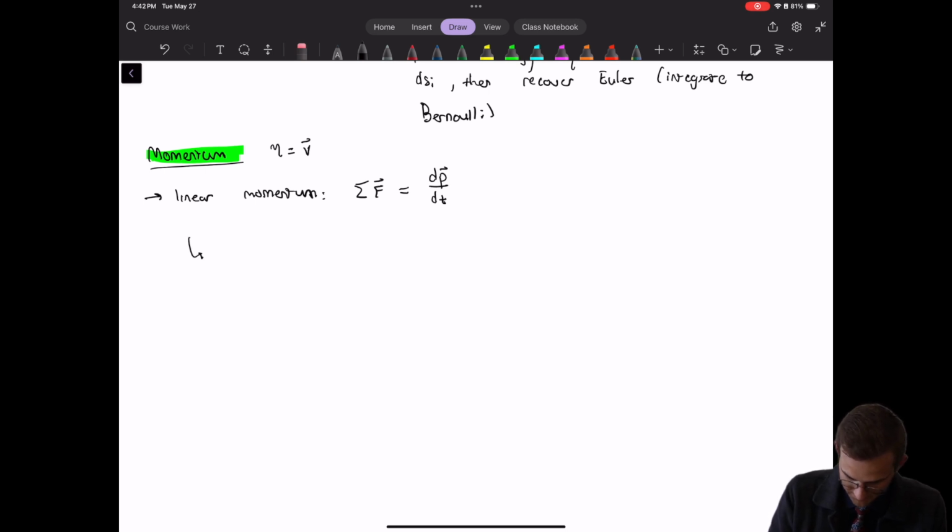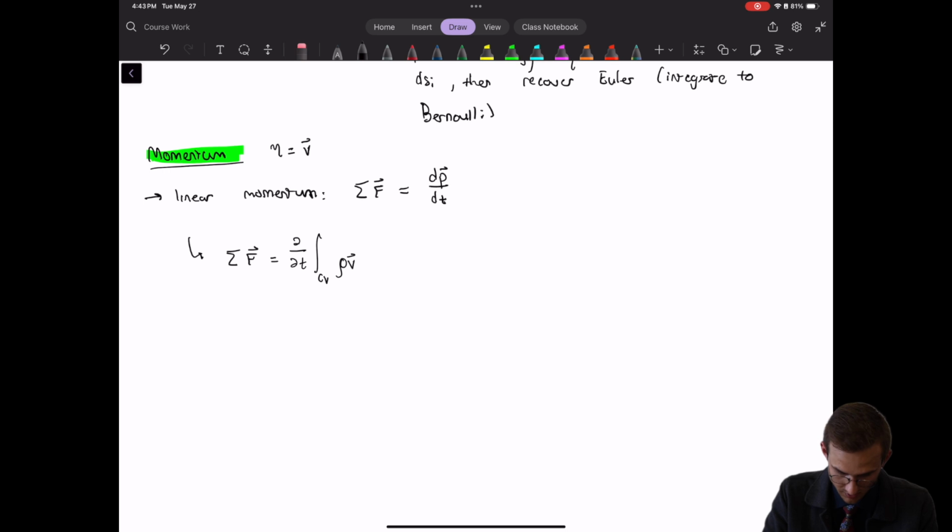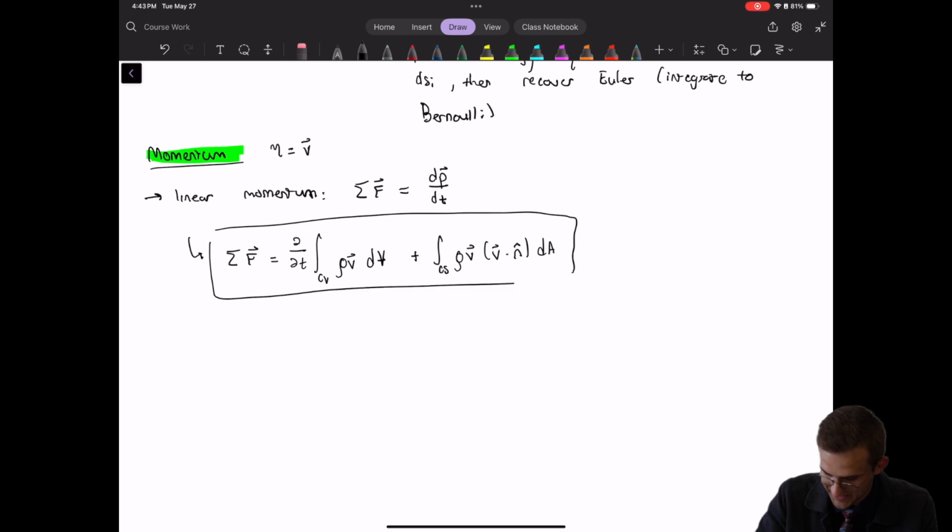And what you end up with is the sum of the forces acting on the control mass or system is equal to the partial derivative with respect to time of the integral over the control volume of rho v, plus the integral over the control surface of rho v times v dot n hat dA. Okay, and this we call the momentum equation.